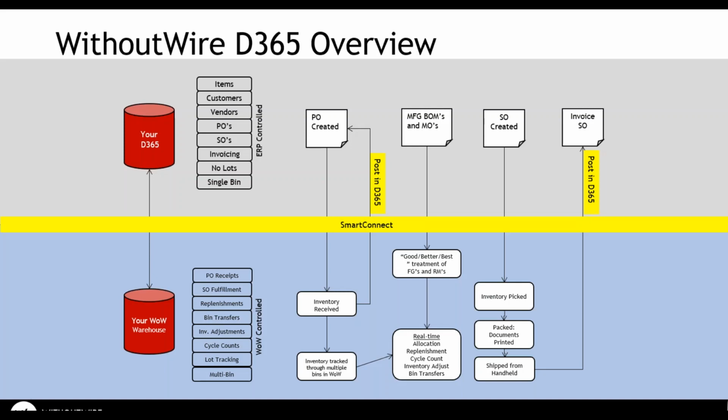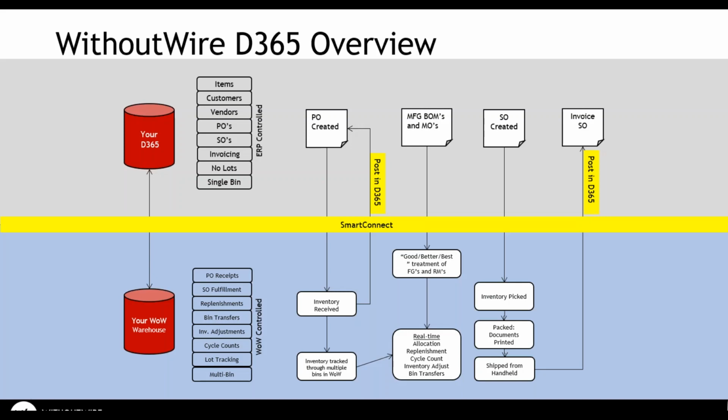Lots and bin tracking can be synced in both systems, though many of our clients prefer to do the lot tracking and multi-bin tracking within our system. WithoutWire is going to do purchase order receipt. It's going to do the sales order fulfillment, replenishments, bin transfers, inventory adjustments, and cycle counts, an ABC blind cycle count.